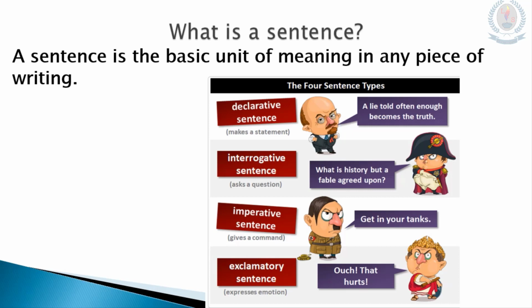The first word is usually a verb. Fourth type of sentence is exclamatory sentence, which means a sentence which expresses an emotion. Ouch, that hurts. So that's an exclamatory sentence. These are the 4 types of sentences in English language.